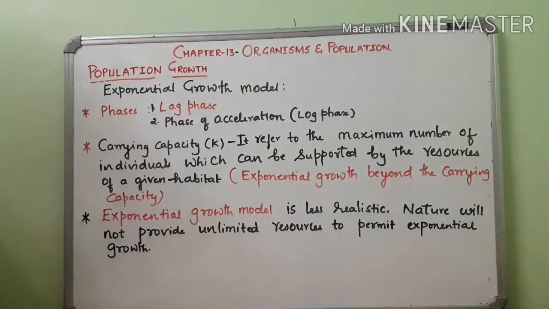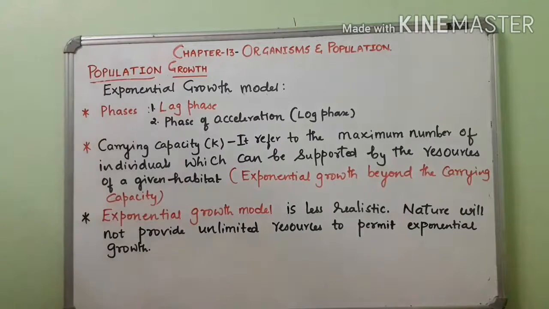The rapid increase in the number of the population is called the log phase, also called the phase of accelerating multiplication. In the exponential growth model, we see only 2 phases: one is the lag phase and the second is the phase of acceleration. There is no steady phase because the resources are unlimited in exponential growth.